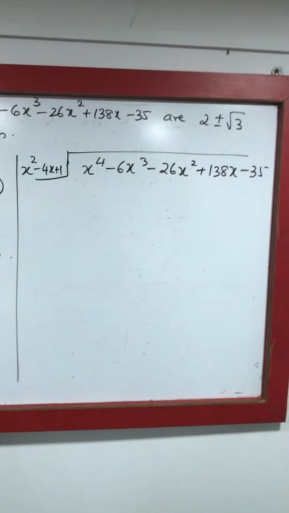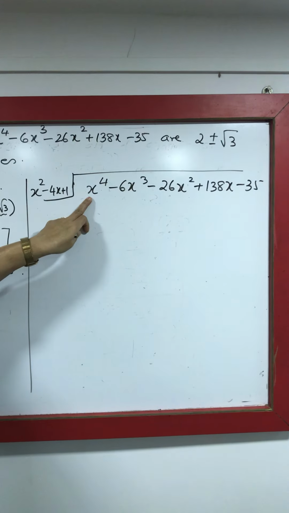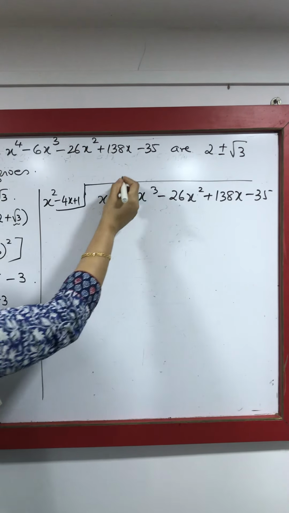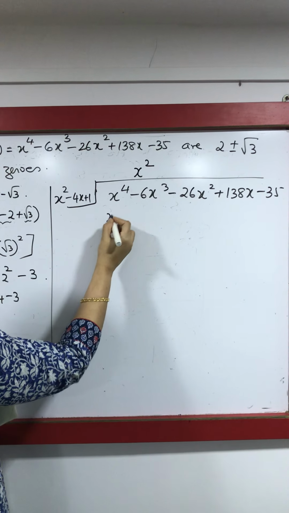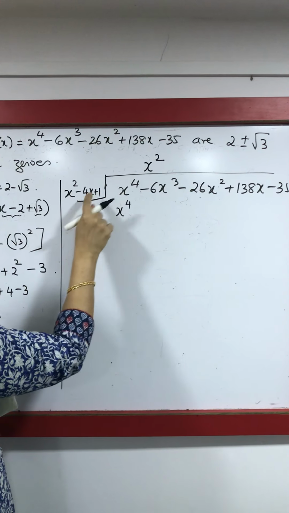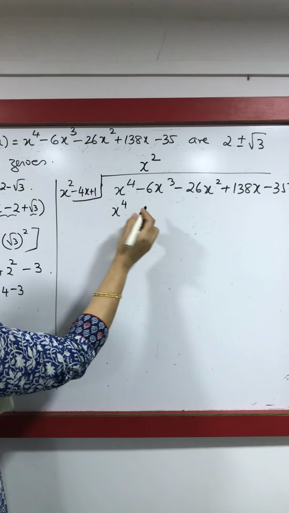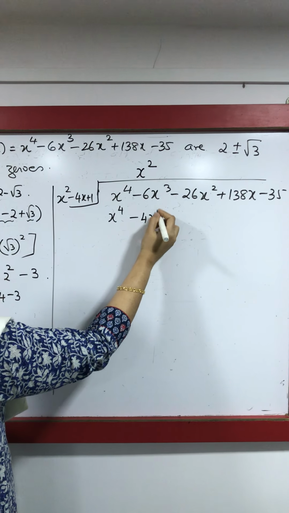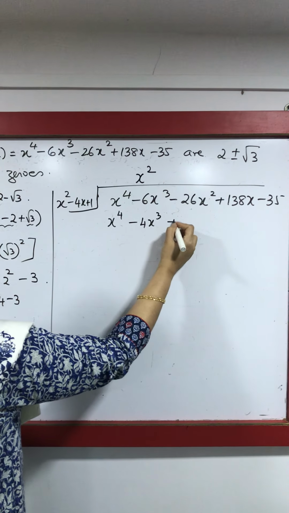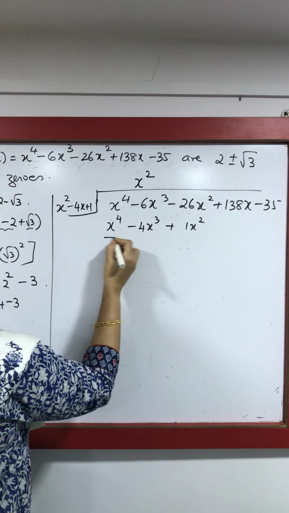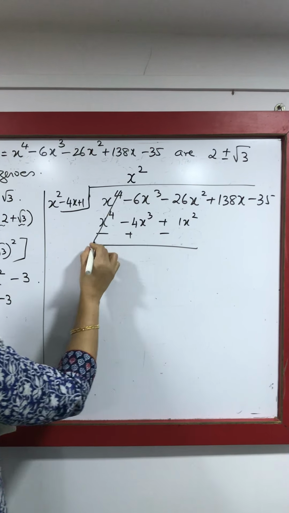To find the first term of the quotient, we divide x raised to 4 by x square. So that is x square, and we write x raised to 4. The product of this is minus 4x cube. The product of this is plus 1x square. Change sign, cancel the first term.